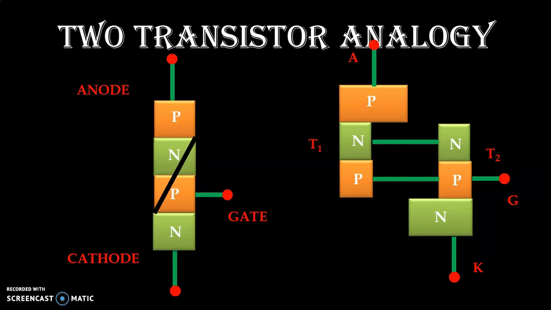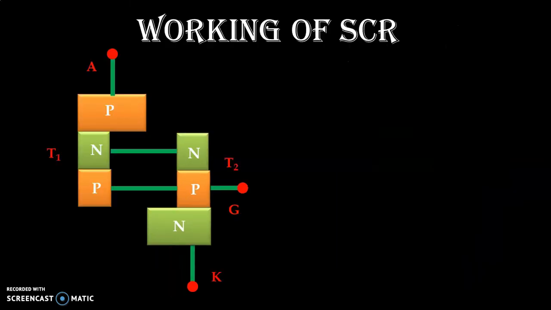So this is known as the two transistor analogy, and the working of the SCR with the help of this analogy can be understood very easily. Again, we have two transistors: the first transistor T1 is a PNP transistor, and the second transistor T2 is an NPN transistor.